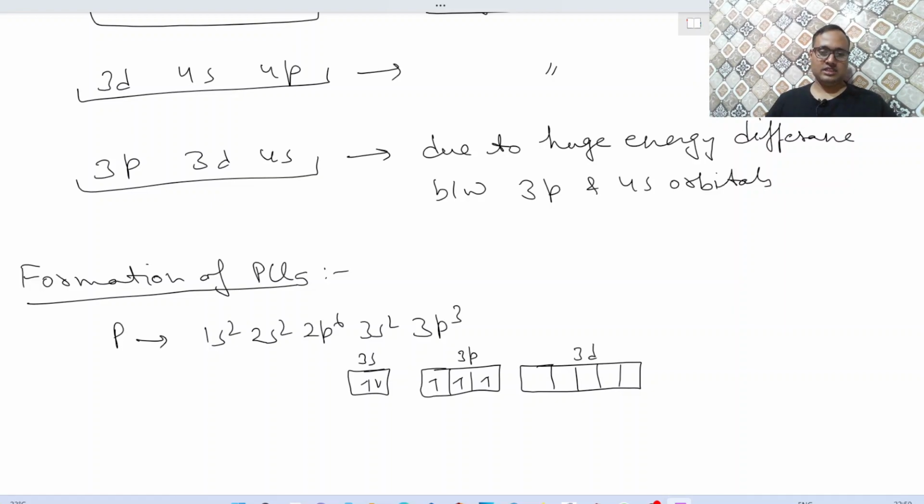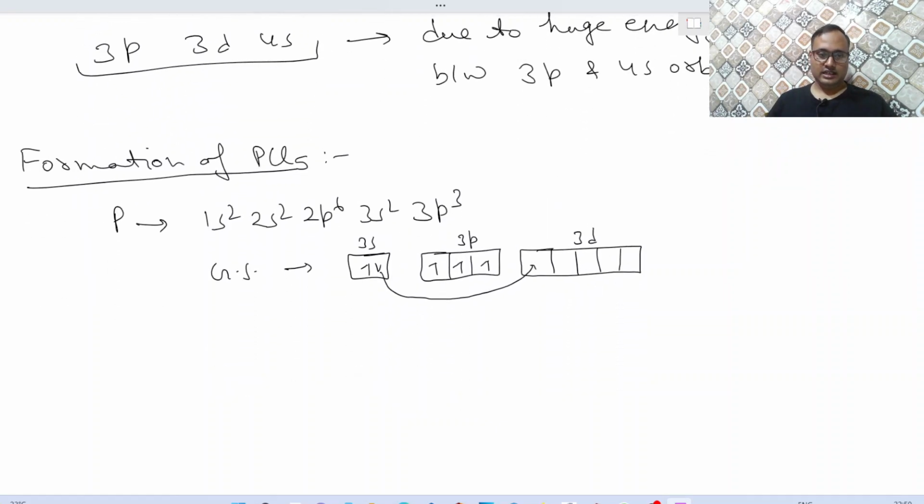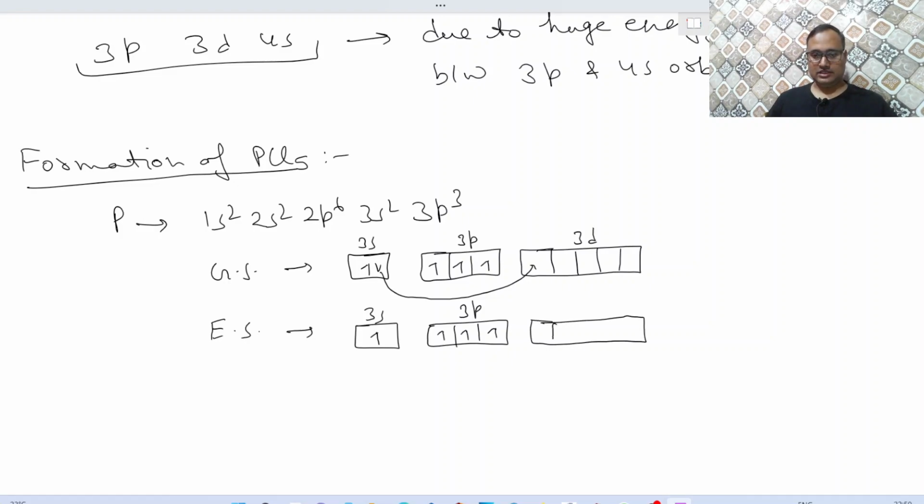So this is the electronic configuration in the ground state. In the excited state, one electron from the 3s gets excited to the 3d orbital. One electron is present in the 3s orbital, 3 electrons are present in the 3p orbital, and 1 electron is present in the 3d orbital.